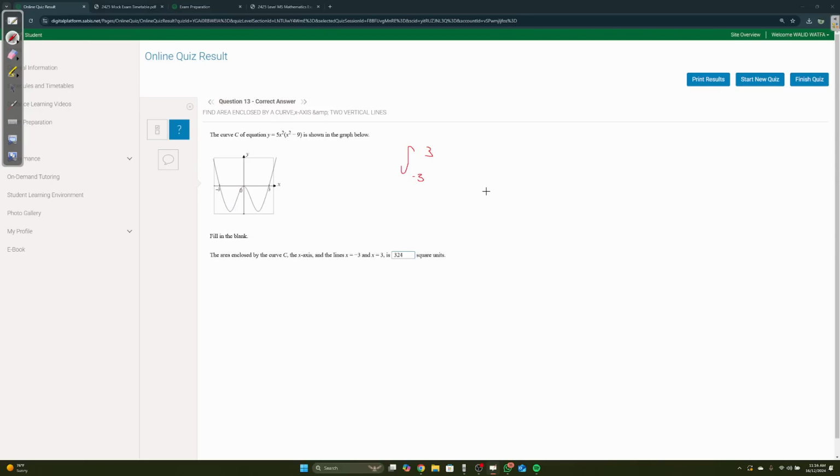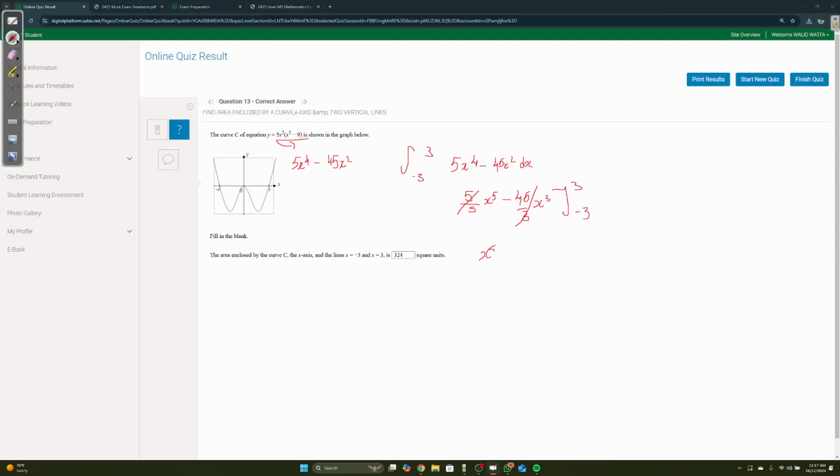I'm not sure about this, but I'm pretty sure it's going to work. Let's check now. The integral of 5x squared times (x squared minus 9). Some people are like, oh, how do I integrate this? You have to distribute, so it's going to be 5x to the power 4 minus 45x squared. Very easy. So the integral of 5x to the power 4 minus 45x squared dx gives 5 over 5 x to the power 5, after you integrate, minus 45 over 3 x cubed from -3 to 3.